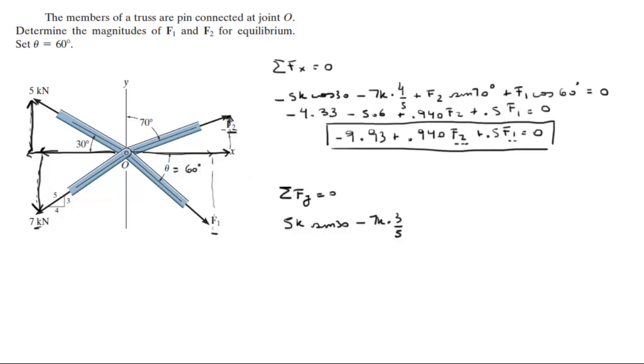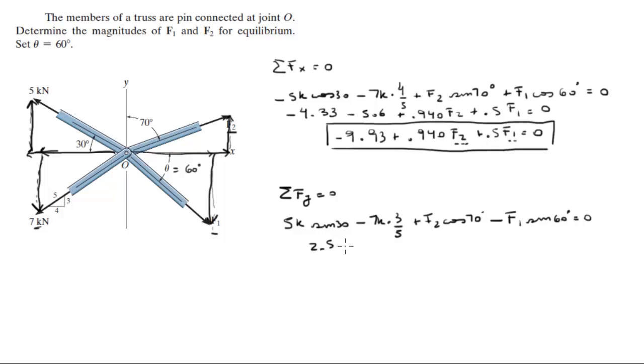Now we got this component right here of F2, which is positive F2 cosine of 70 degrees. And you got this component of F1, which is negative F1 sine of 60 degrees, and all that is equal to 0. So again, I'm going to start solving this equation.